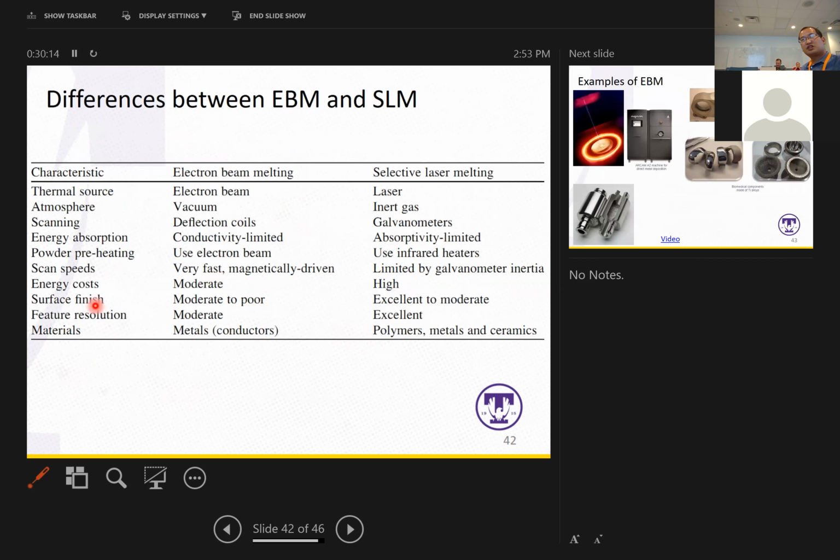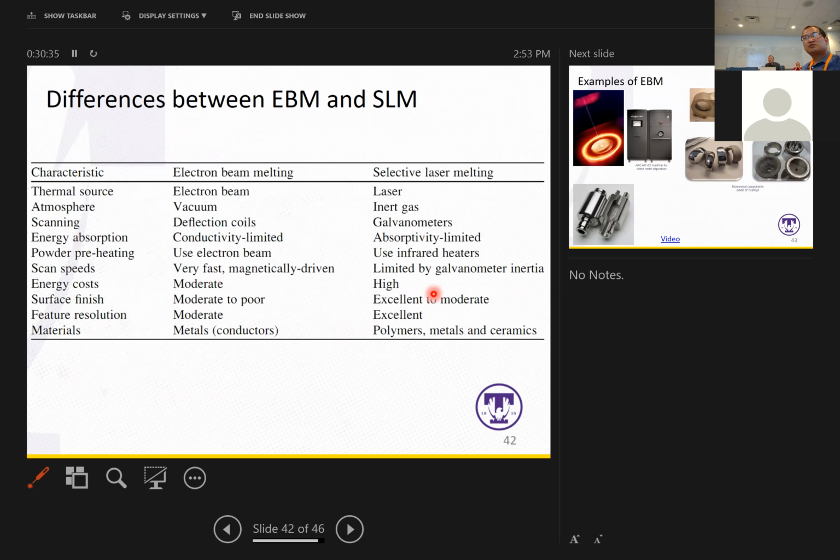Compared in energy, apparently EBM has less consumption compared to selective laser melting. But for the surface finishing, actually I'm not sure whether this is true or not, because I saw different things about surface finishing.